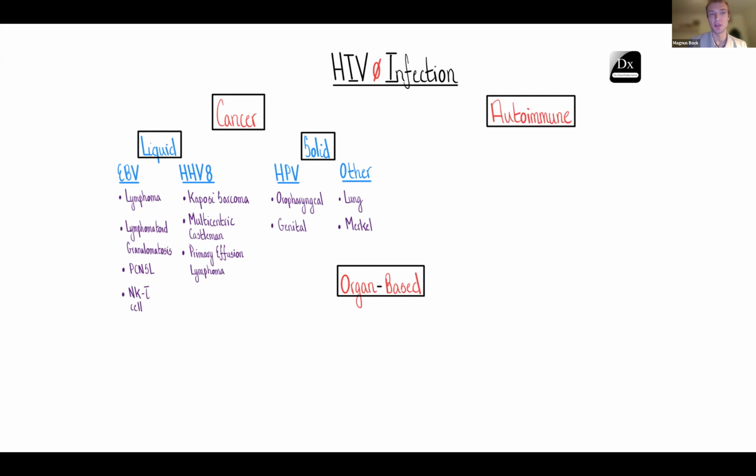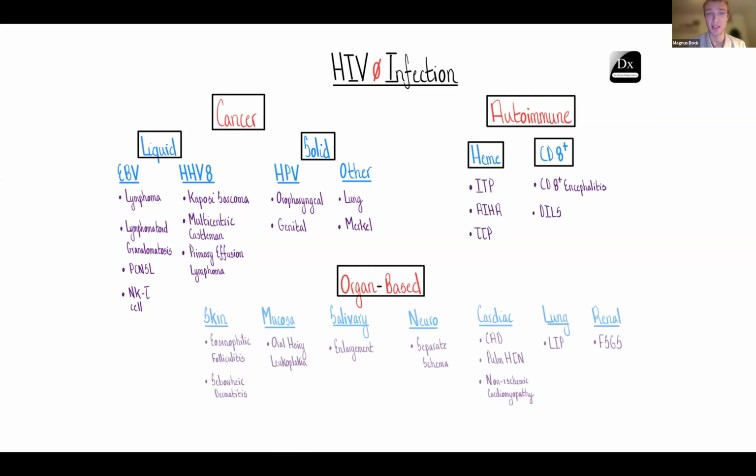So these may cause, for example, Kaposi sarcoma, multicentric Castleman's disease, or different types of lymphoma. But there are also solid cancers that are, for example, HPV mediated. And apart from the cancers, there are also autoimmune reactions associated with HIV and also many different organ-based pathologies that I'm not going to go into here.